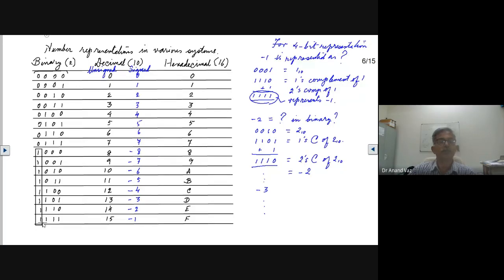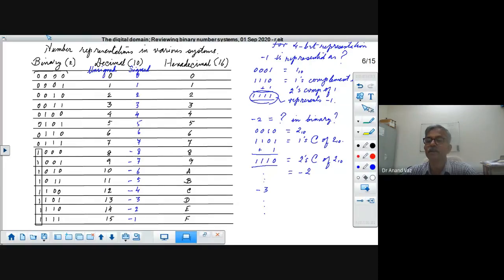All the negative numbers have 1 in their most significant bit. This is a very easy way of remembering it. And of course the counting starts from here. So minus 1, minus 2, minus 3 and so on like this. We go on decrementing.